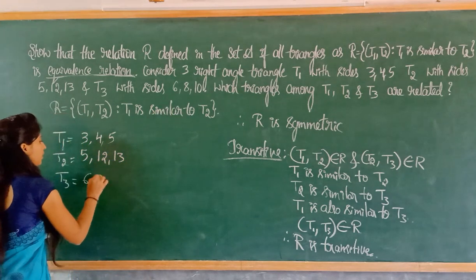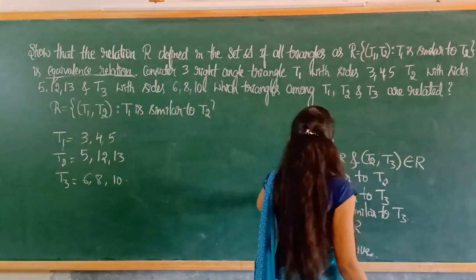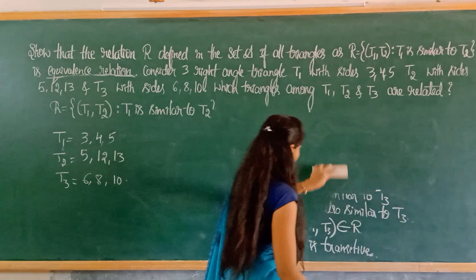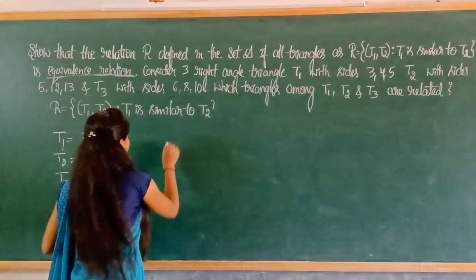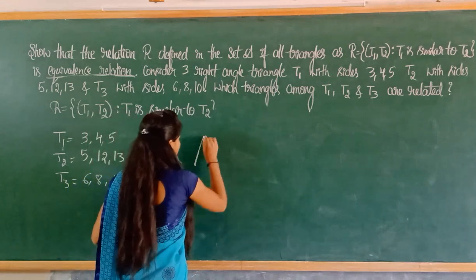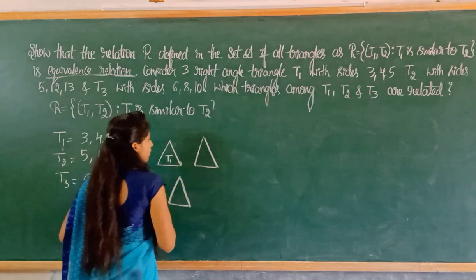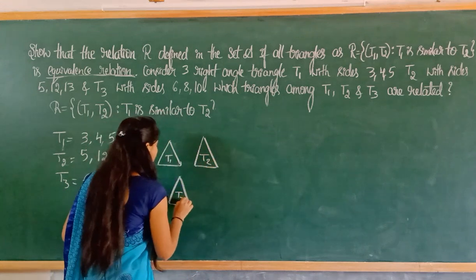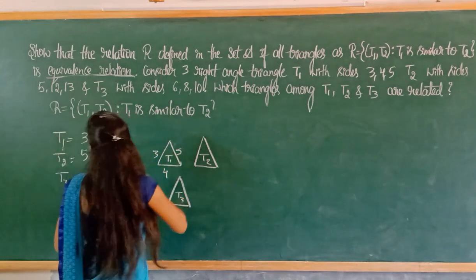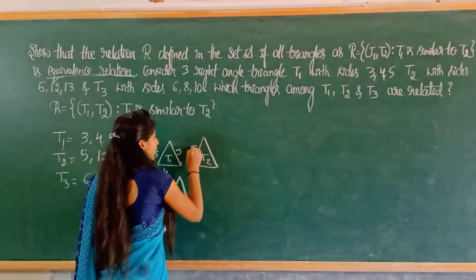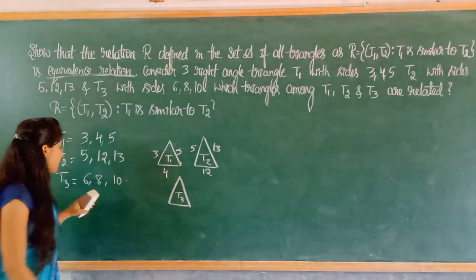Suppose I take the triangles T1, T2, T3. The sides given are 3, 4, 5 for T1, 5, 12, 13 for T2, and 6, 8, 10 for T3.